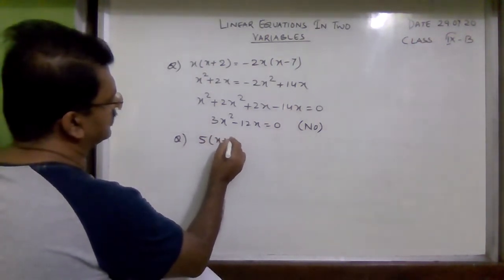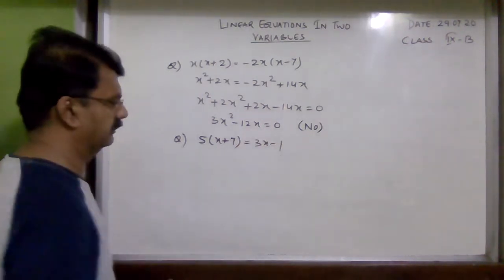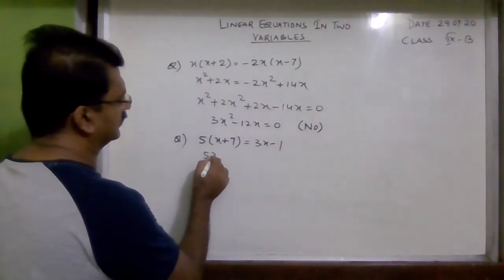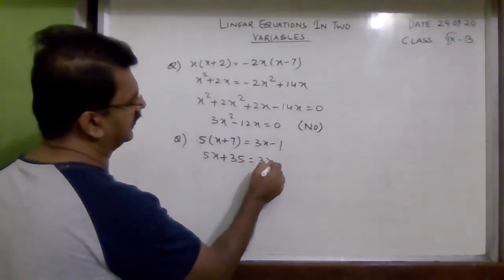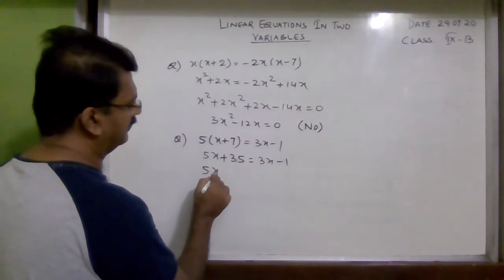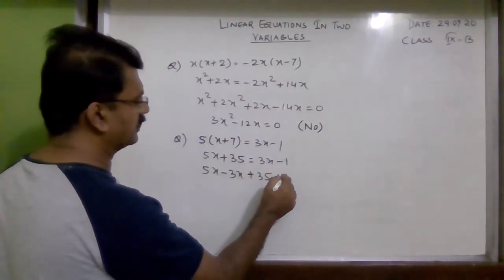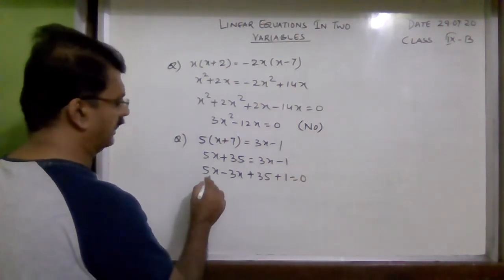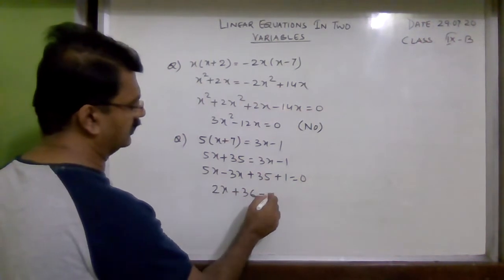5 into x plus 7 is equal to 3x minus 1. So if we open the bracket, it is 5x plus 35 is equal to 3x minus 1. So 5x minus 3x plus 35 plus 1 is equal to 0. The 5x minus 3x will give you 2x plus 36 is equal to 0.